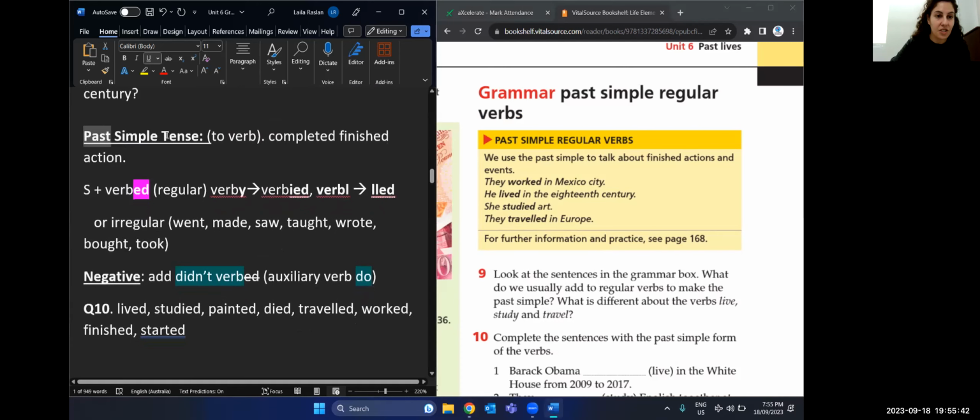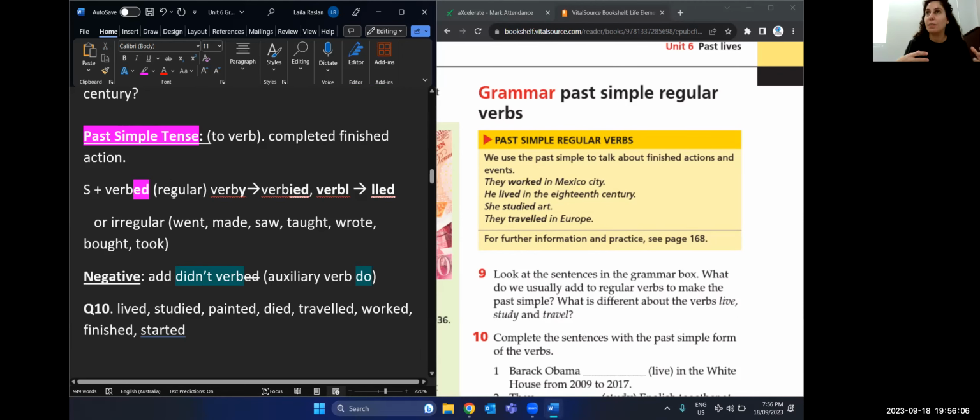So all you do is add an ed to the action. So subject, because we always start the sentence with the subject unless it's a question, or unless we're adding a time expression. So subject and verb.